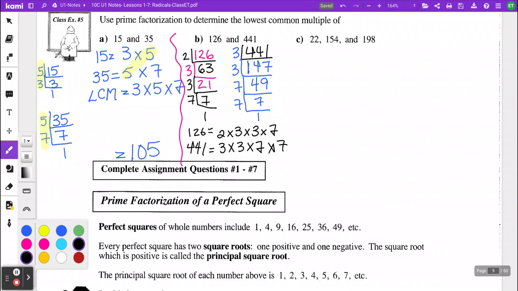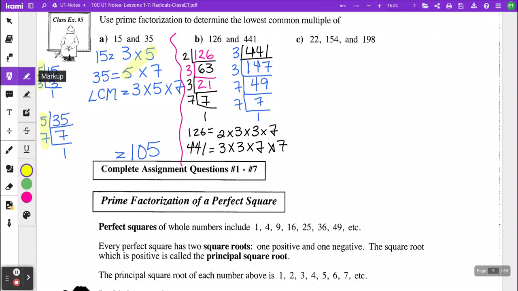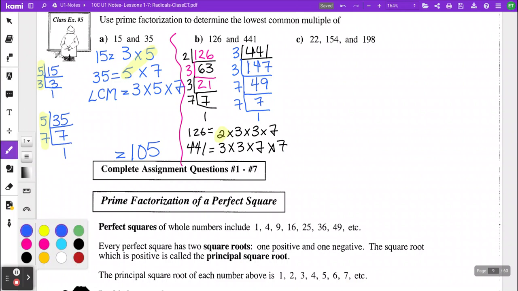So now what we've got to do is take our LCM. So which numbers are we going to use? Well, for the number 2's, how many 2's do we have? We have 1 of them, so I have to use it. So let me just write my LCM down here. So LCM, and this is for this question here. So we know we have to use the 2. Now we've got 2 3's in each number.